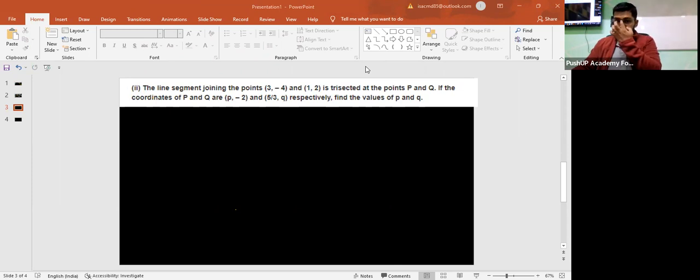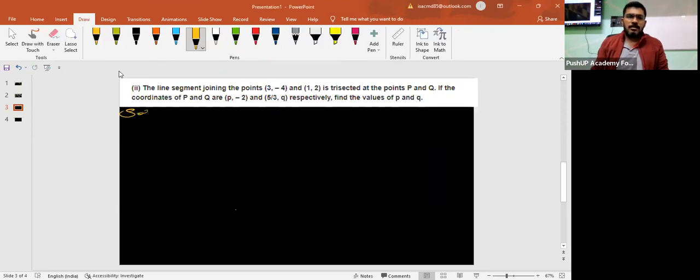Okay, so I'll just check it once more. The line segment joining the points 3, -4 and 1, 2 is trisected at the points P and Q. If the coordinates of point P and Q are p, -2 and 5/3, q, find the values of p and q.